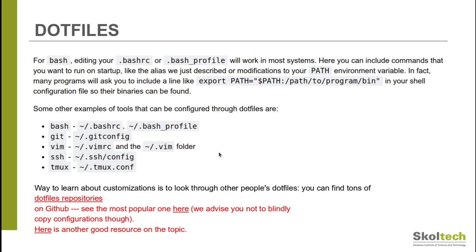Some other examples of tools that can be configured through dotfiles are presented on the slide: bash, git, vim, a text editor, SSH and tmux. Tmux is a terminal multiplexer.